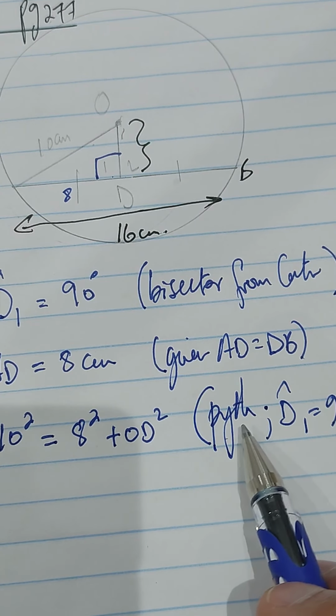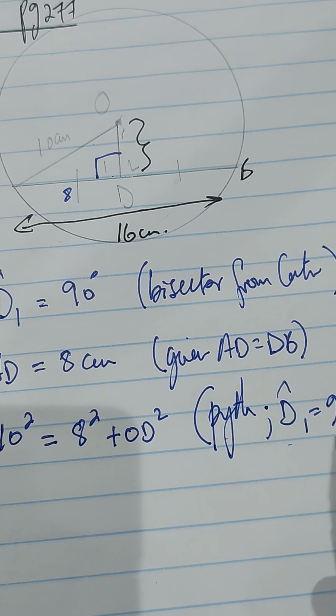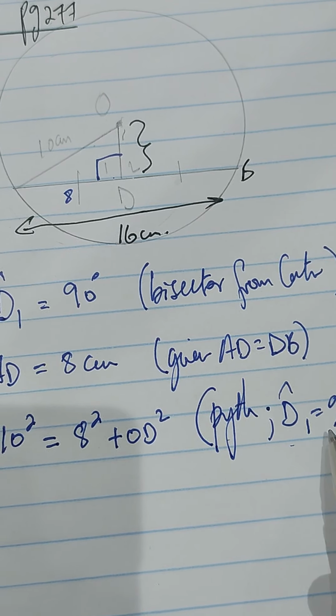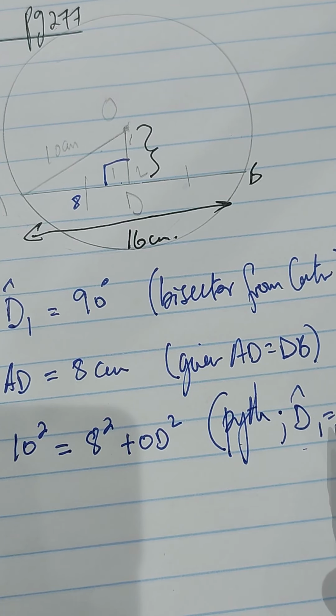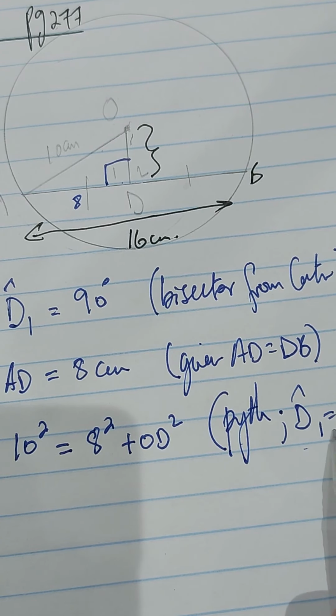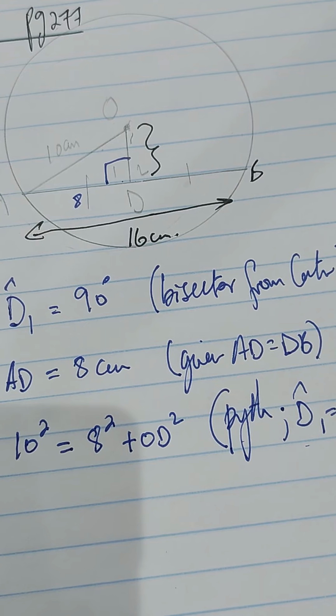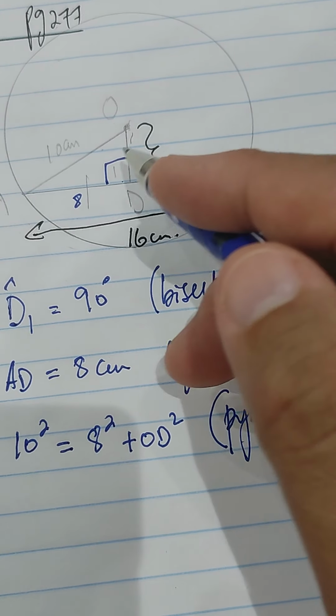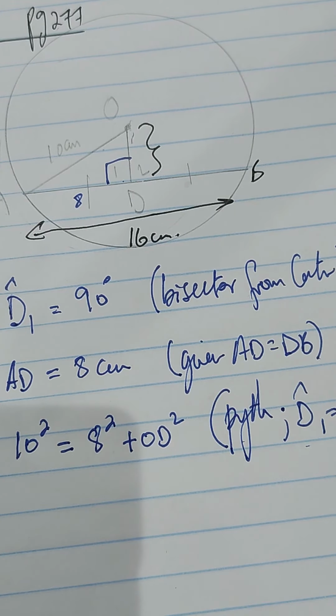You can leave the Pythagorean part out. But if you're going to leave the angle that is 90 degrees out, you're going to lose the mark. So very importantly here, if you're stating the theorem of Pythagoras, you must say which angle is your 90 degree angle there. Okay, so as we said, D1 is 90 degrees.